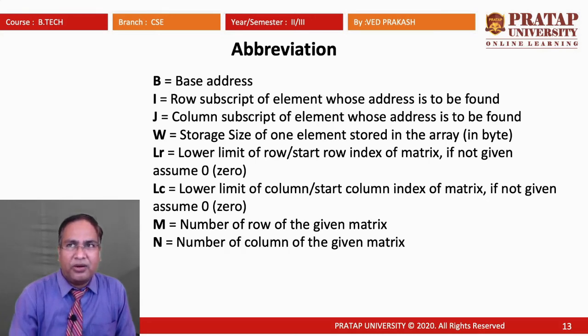LR denotes the lower limit of rows, or the starting row index of the matrix, LC denotes the lower limit of columns, M denotes the number of rows, and N denotes the number of columns in the matrix.